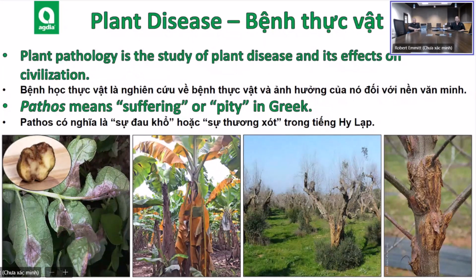So you have late blight, which is caused by Phytophthora, Panama disease caused by Fusarium, olive decline caused by Xylella fastidiosa, and this is chestnut blight. That's Cryphonectria parasitica.